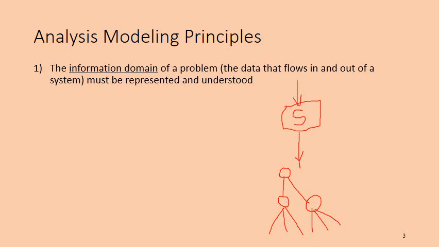The information domain encompasses the data that flows into the system. Who will pass that information? The data may be passed from the end user, from another system, or from external devices.